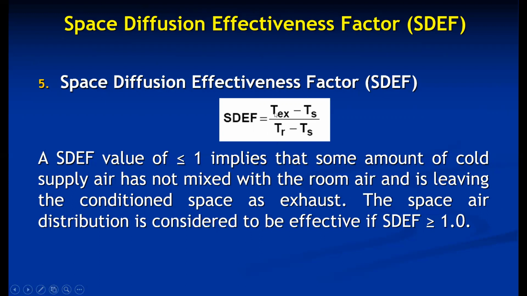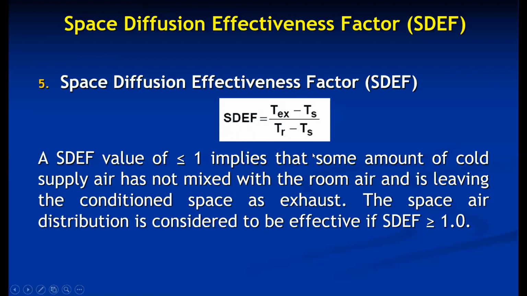If it is less than 1, there is a huge difference between exhaust temperature and supply temperature, which means some amount of supply air is not mixed with the room air and goes as it is through the exhaust. A larger difference between exhaust air and supply air is not at all desirable. The space air distribution is considered effective if the value of SDEF is greater than 1.